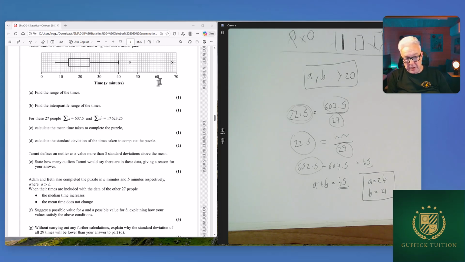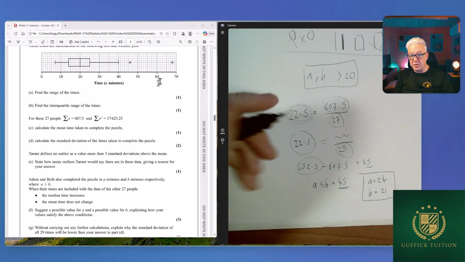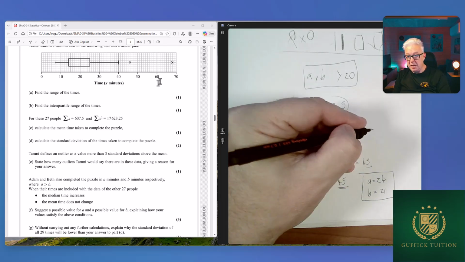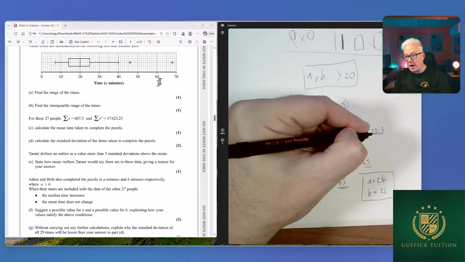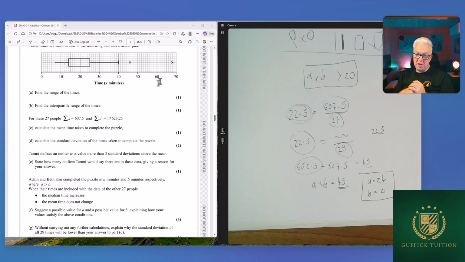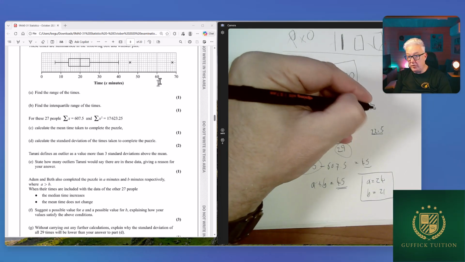Now it says, without carrying out any further calculations, explain why the standard deviation of all 29 times will be lower than your answer in part D. So our mean was 22.5. I know I am kind of doing a calculation here, but our mean is 22.5. Our standard deviation was 12.1.